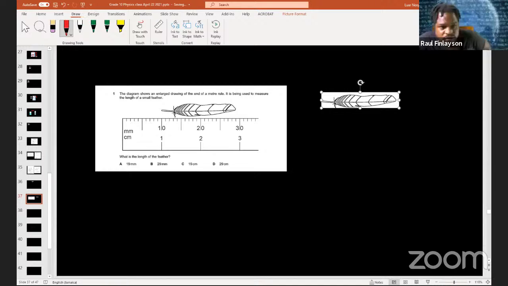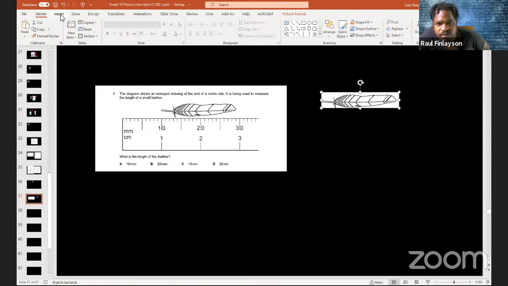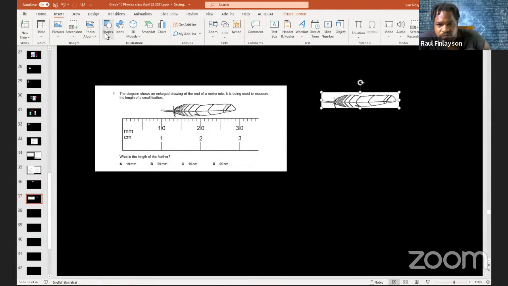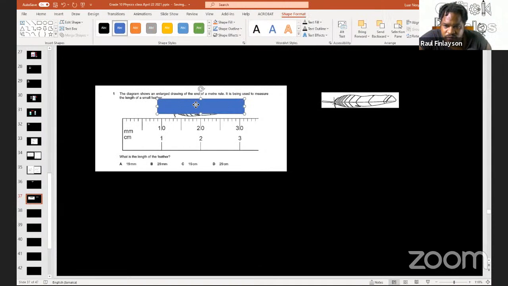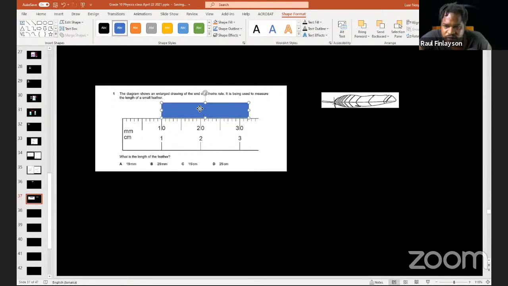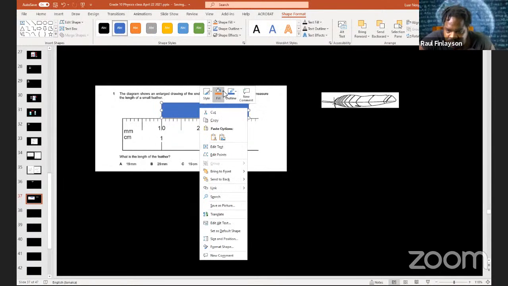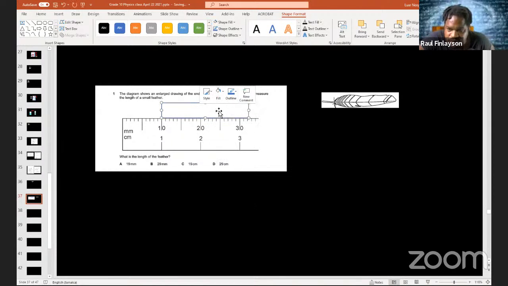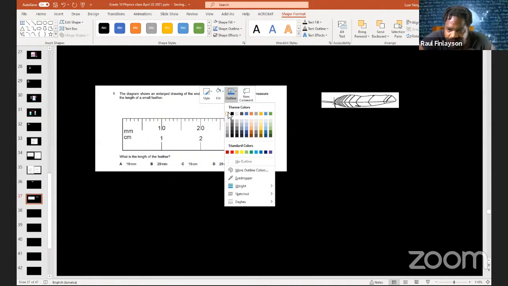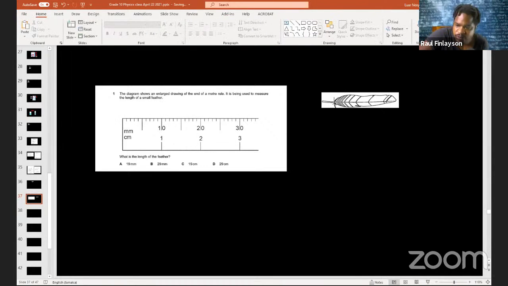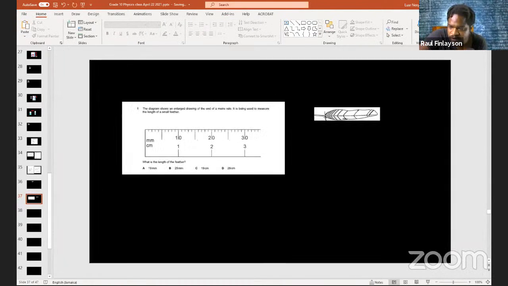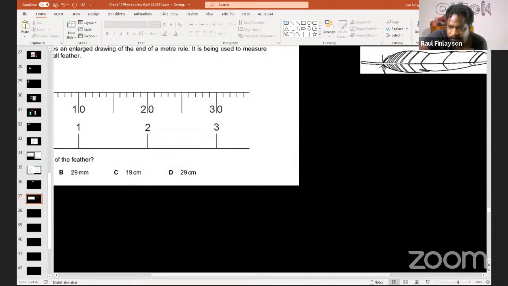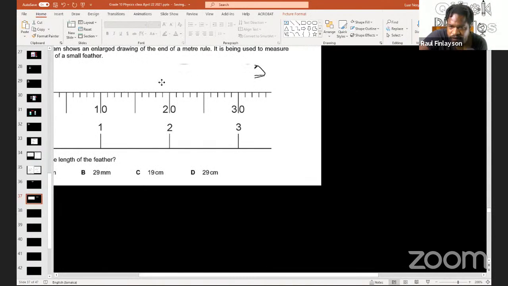Tiana is here. Okay, let's get something to cover the part of the ruler that's there. I use this and cover it. And then now I'm going to fill it in and remove the outline. It's going to look like that. All right, so we're going to look at this question in a different way.